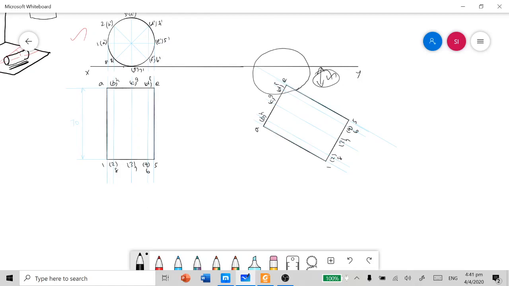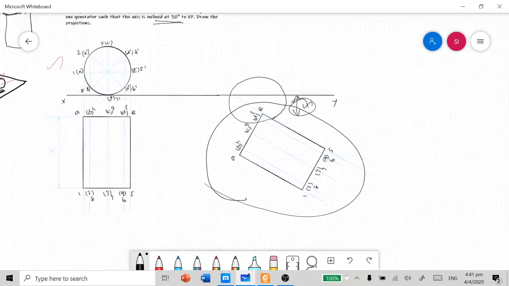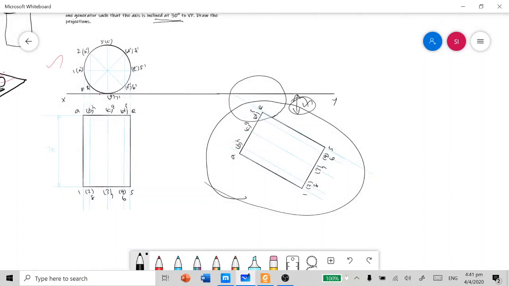If you touch this lateral view with the XY line in top view, it would mean that the solid is touching VP, but it's not given in the problem. The solid is not at all touching the VP, it's touching only the HP. So whenever you draw the top view for this, you need to maintain a small gap between the lateral portion of the solid and the XY line in the top view area.